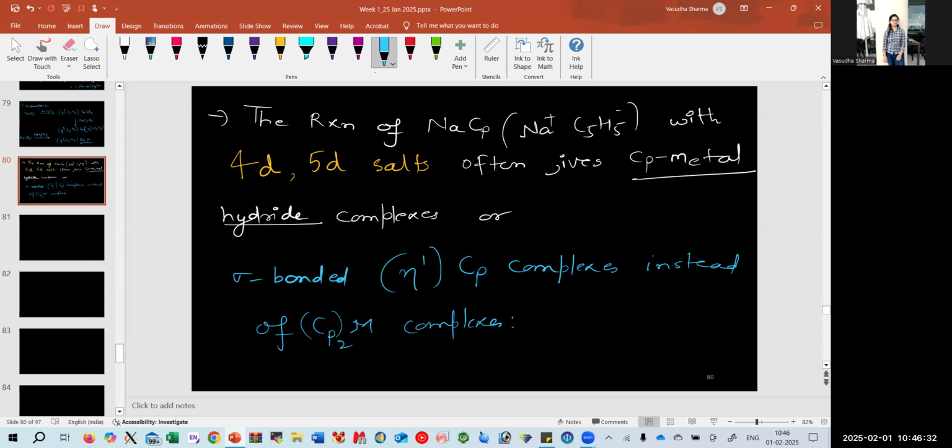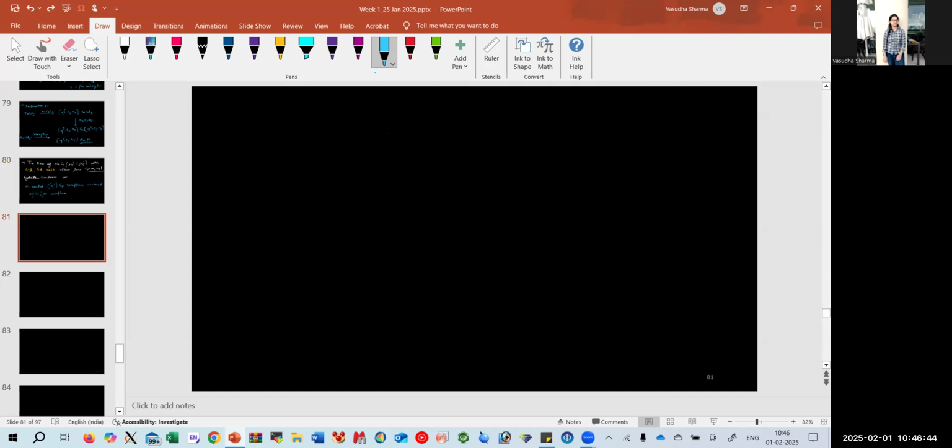So this is very important that you need to remember. Do not expect to end up having the Cp2M complexes, and with 4d, 5d the reactivity is different.